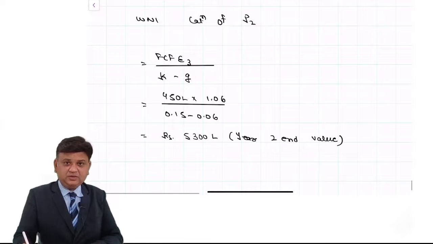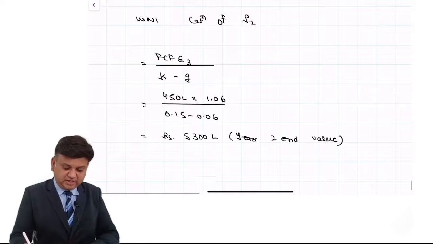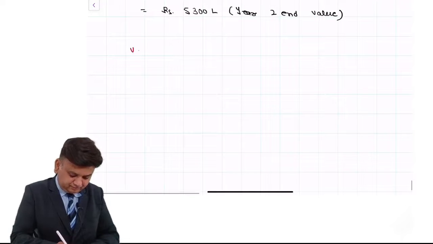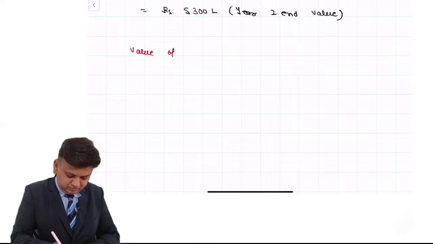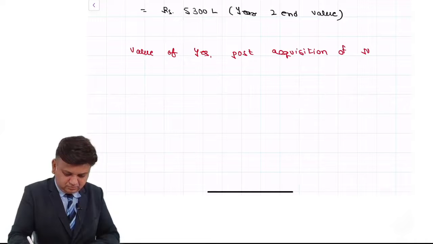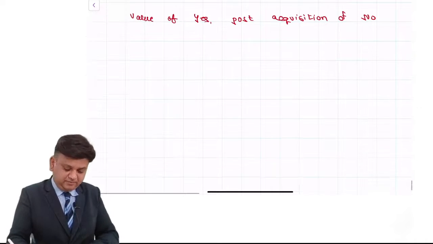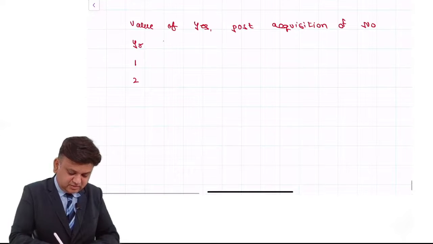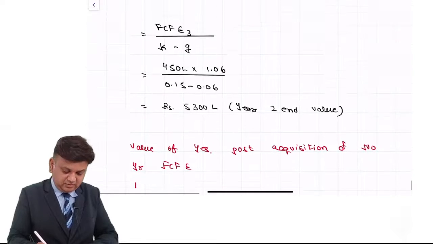Once we make this calculation, afterwards we'll calculate again the value of Yes Limited post acquisition of No Limited. In that, again first year and second year free cash flow for equity.